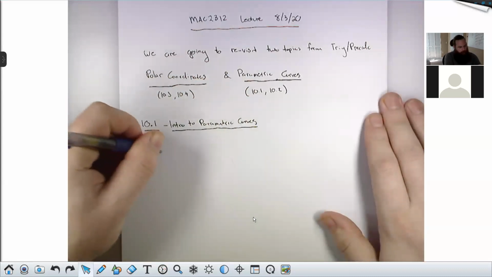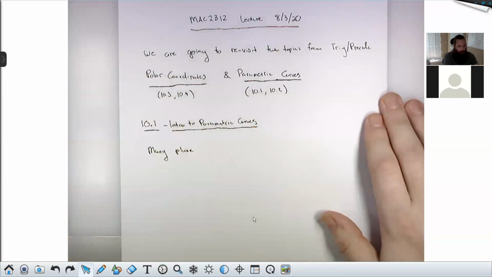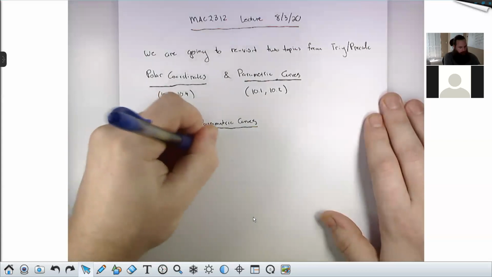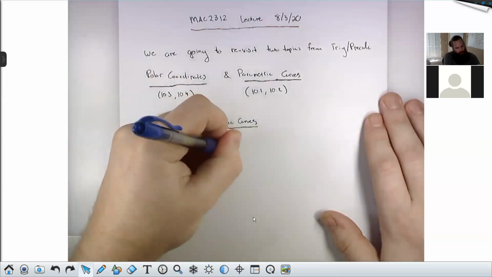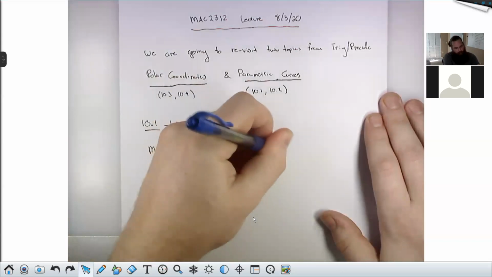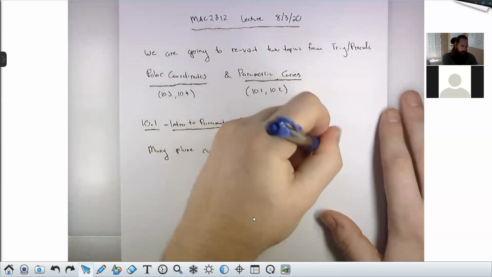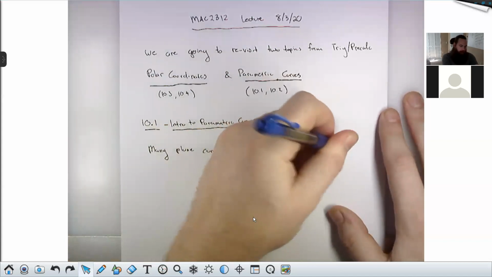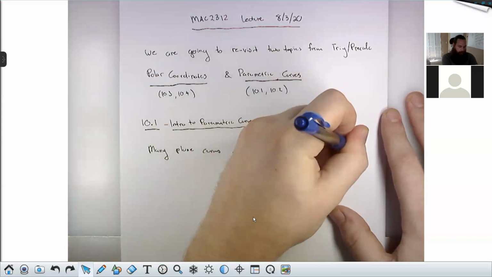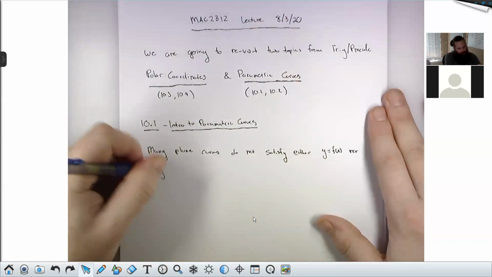So our starting observation: many plane curves, meaning curves that live in the plane, do not satisfy either y equals f of x, nor x equals, say, g of y.